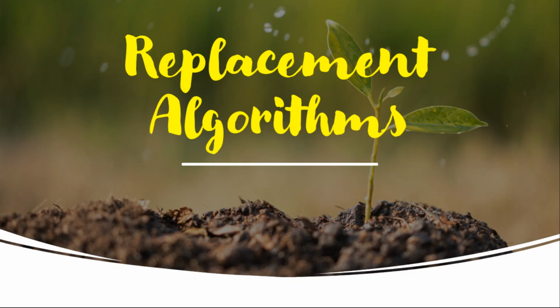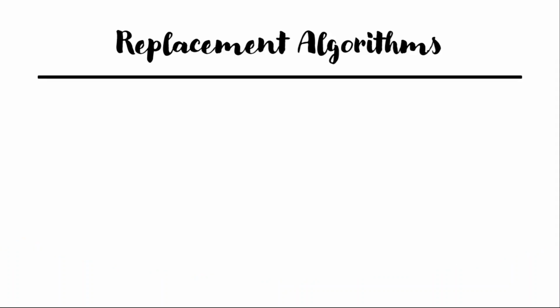So the crucial question is which block of the cache memory should be removed to bring the new block from the main memory to the cache. This is a very crucial decision because it is going to affect the performance of the computer. So what are the different strategies available to deal with that, and how to do that? That's what we are going to discuss.